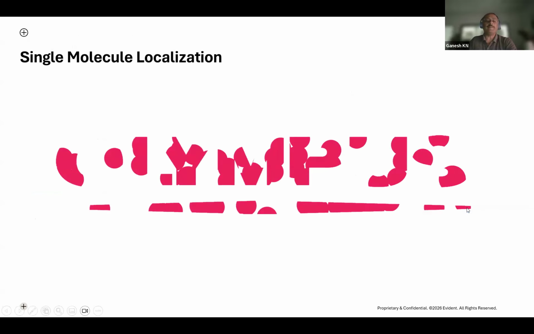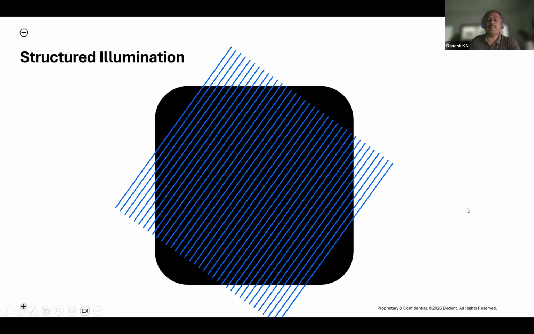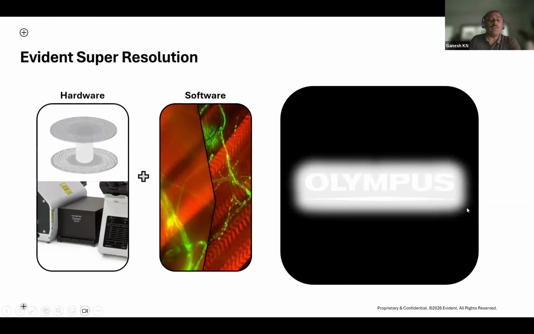How does it work? So I'll just switch over to different techniques. This is SIL. There are several stages where you will achieve this super resolution. One is the conventional spinning disc confocal microscope, and then you have dedicated hardware to collect the super resolution. You construct an image directly without the need of any software intervention.